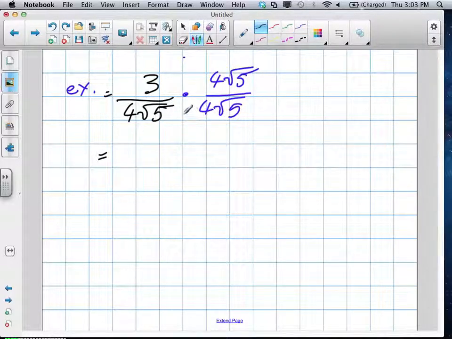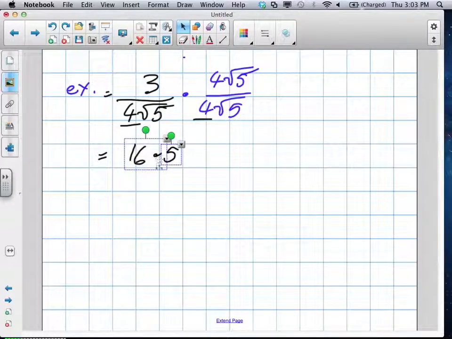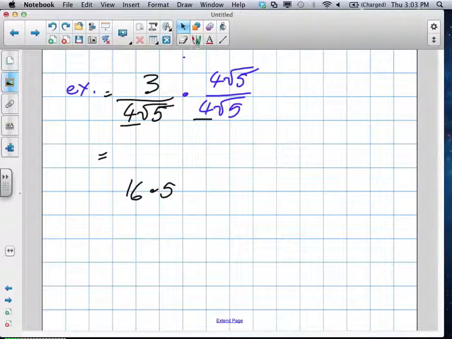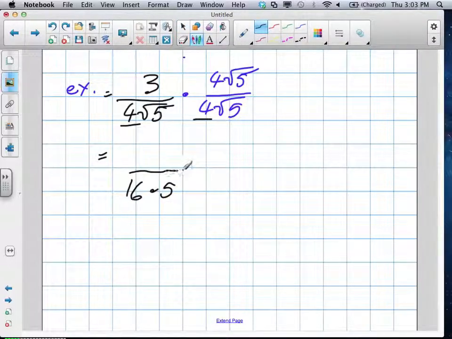So when we do it to the bottom of the fraction, we end up with 4 times 4, which will give us 16, multiplied by root 5 times root 5, which is 5. I don't know why I'm writing that up there. It should be at the bottom of the fraction. And 3 times 4 times root 5, well, 3 times 4 is 12.